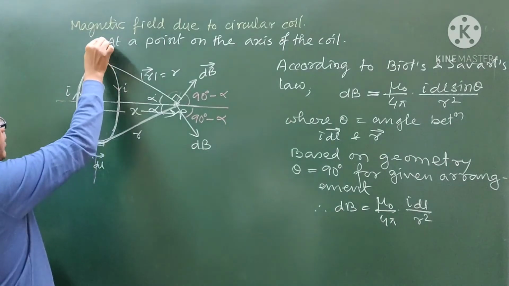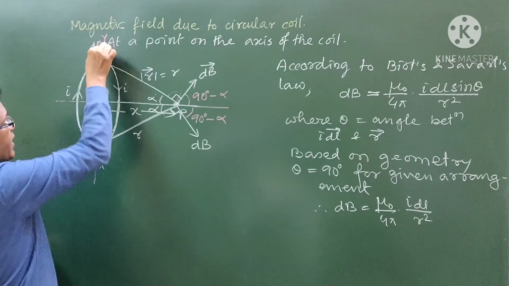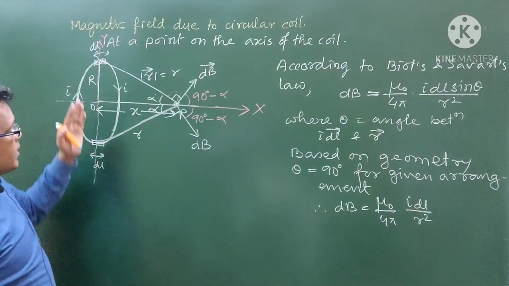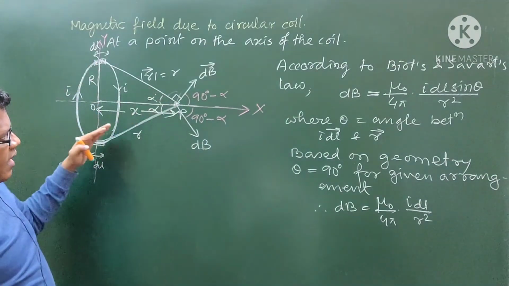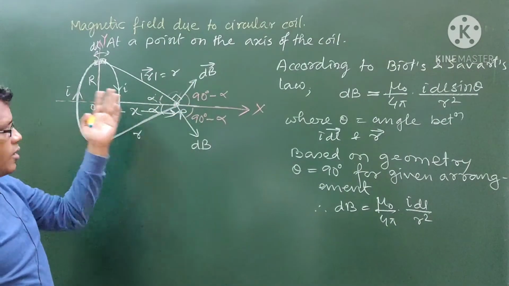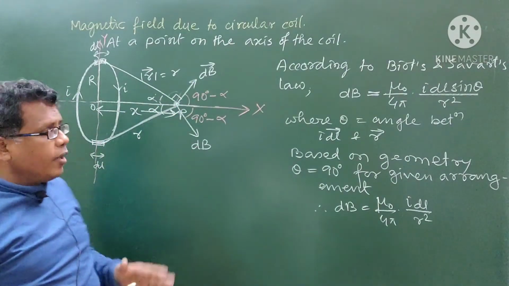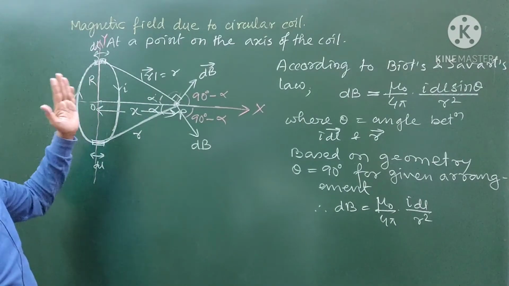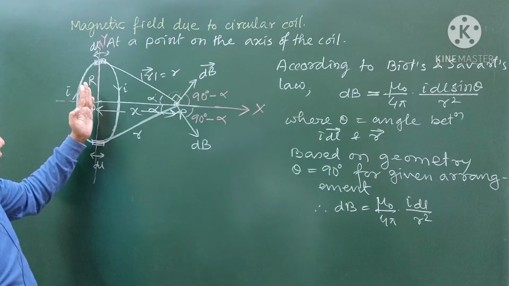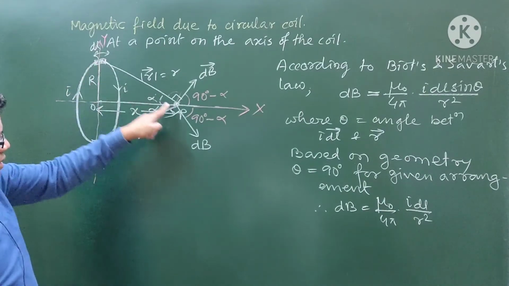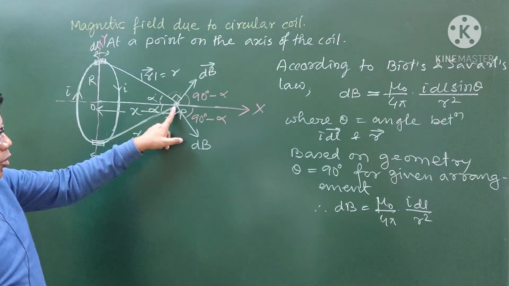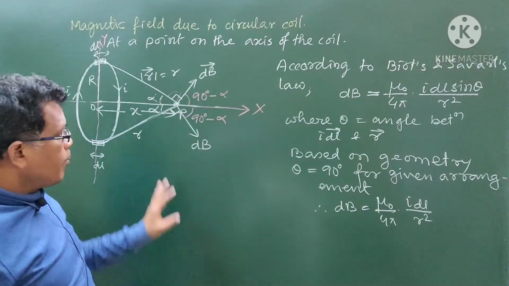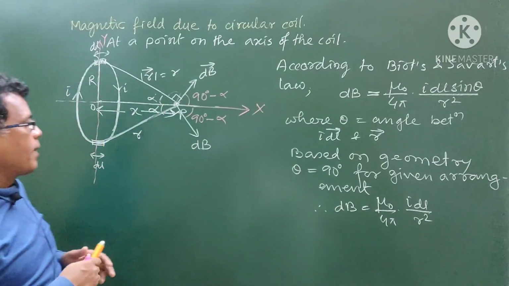If I say the diameter is the y-axis, then this line can be referred to as the x-axis. That means the diameter, the slant lines and the dB directions all appear on the plane of this board, for example, and the plane of the ring is perpendicular to the board, right? The diameter, the slant lines joining the current elements to the required point, and the dB directions are all on the plane of this board.